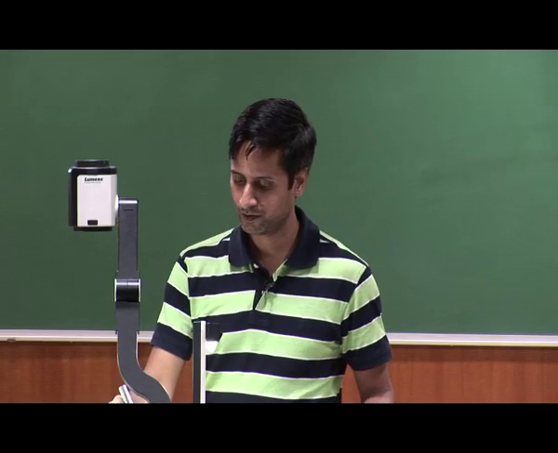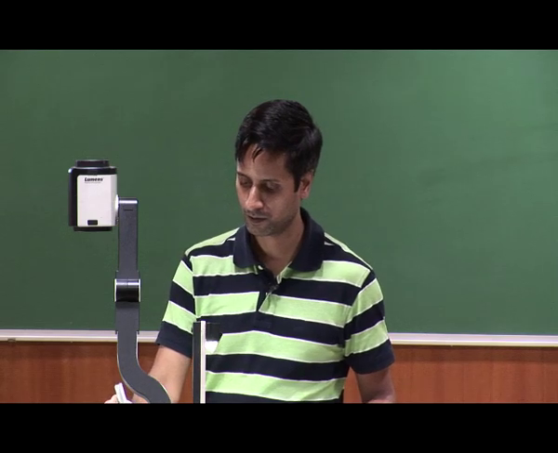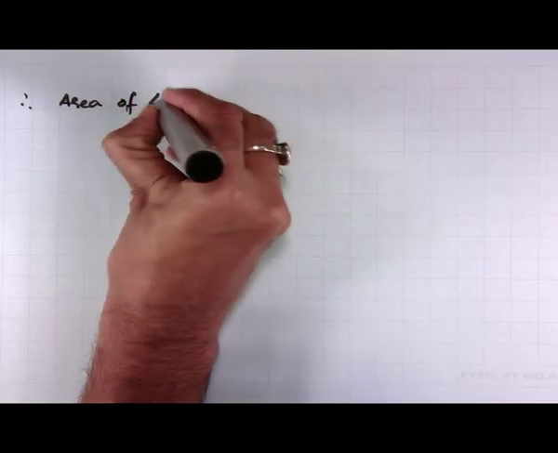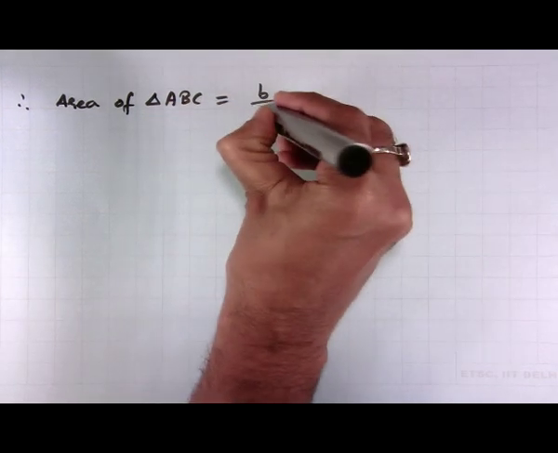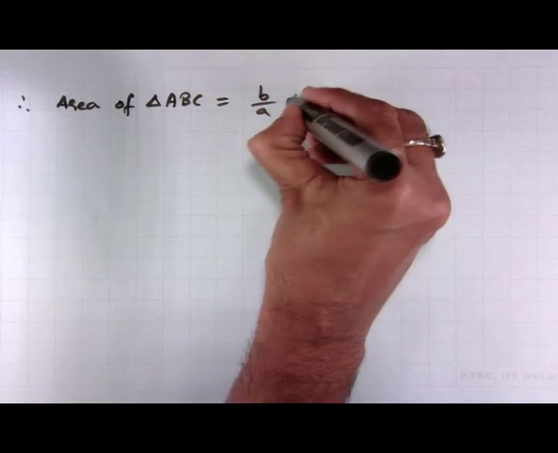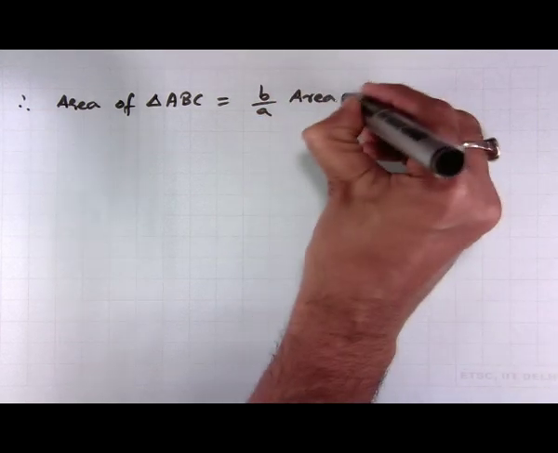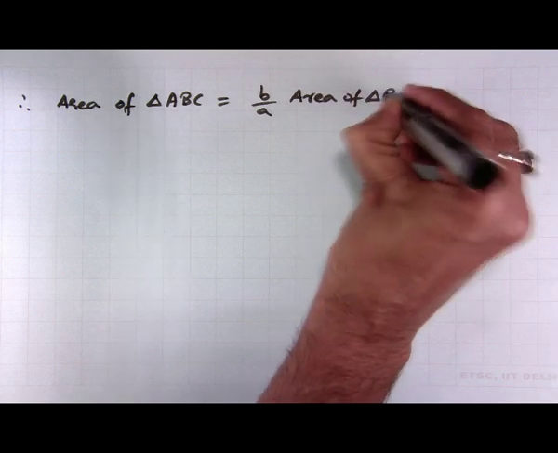Therefore, area of triangle ABC is equal to B by A times area of triangle PQR.